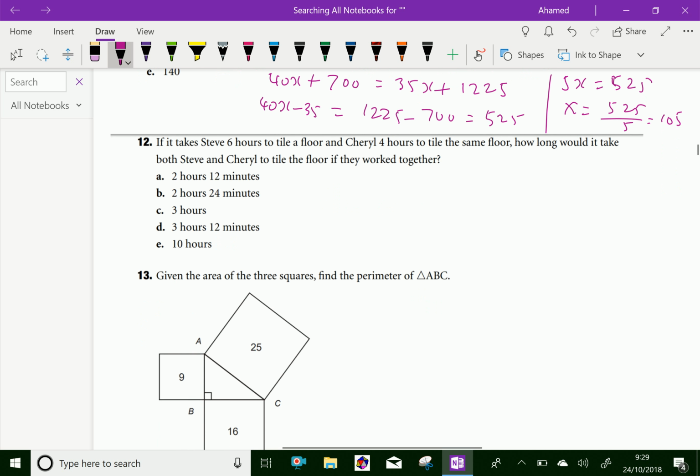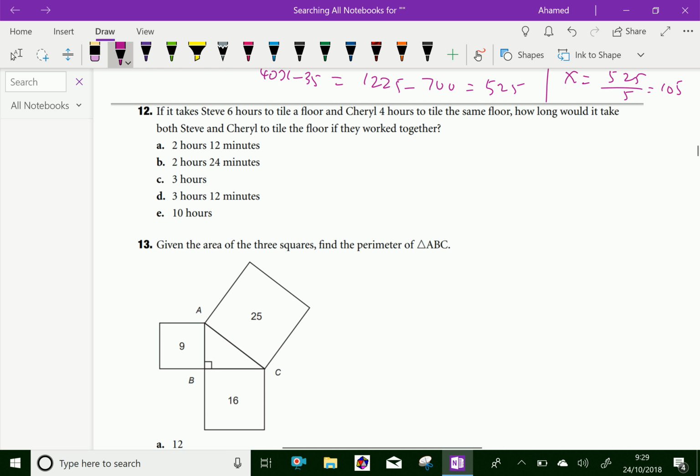Now question number 12. It takes Steve 6 hours to tile a floor and Cheryl 4 hours to tile the same floor. How long would it take both Steve and Cheryl to tile the floor if they worked together?